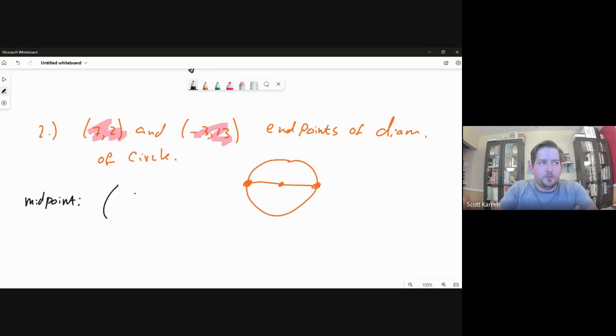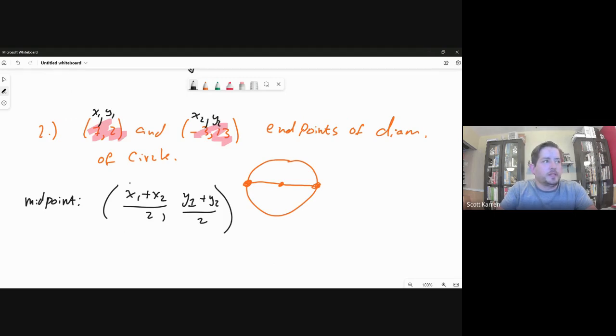But that midpoint formula is just the average of your x values. So x1 plus x2 divided by 2, and then comma, the y value is the same thing, y1 plus y2, all divided by 2. And that's your midpoint. Just averaging those together. So call one of these points x1 and y1, and the other point x2 and y2.